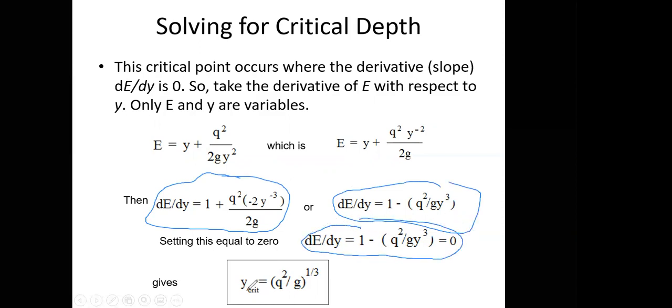So y critical can be obtained as (q squared over g) to the power of 1/3.